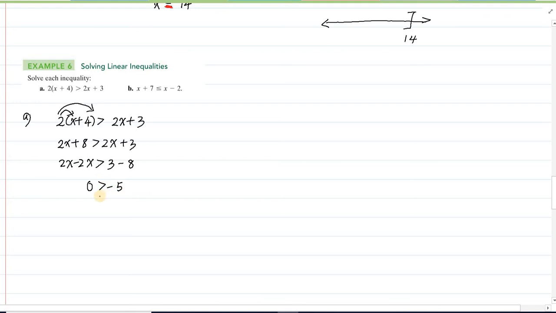Is it true that 0 is greater than negative 5? In this case, obviously this is true, right? It's a true statement. What this implies is that no matter what x is, this statement is true. That means my x can be any number, right?